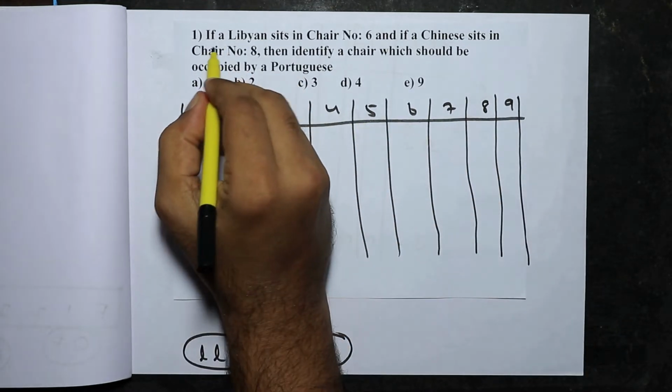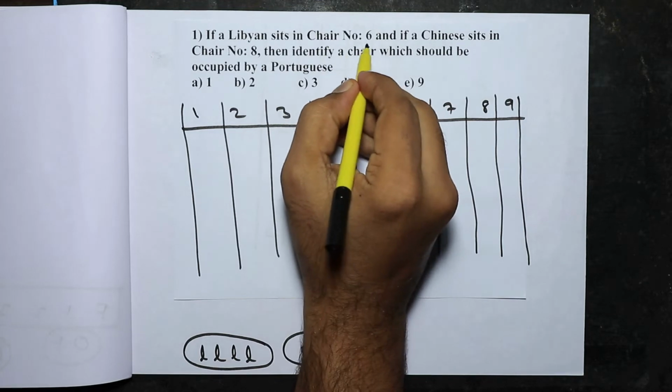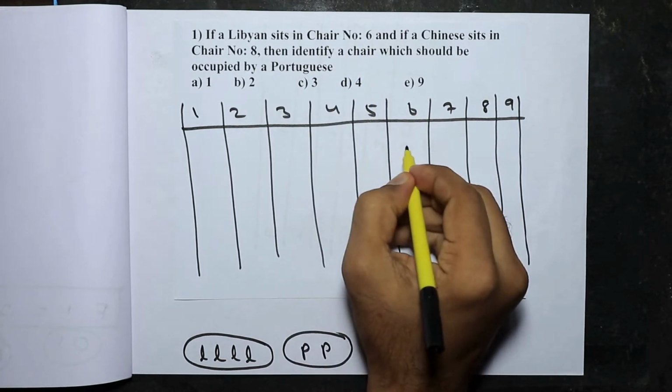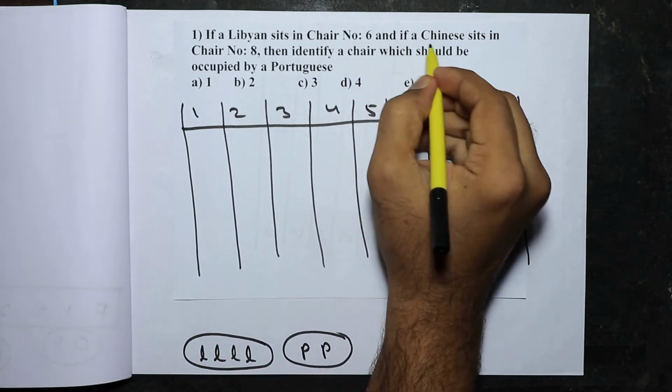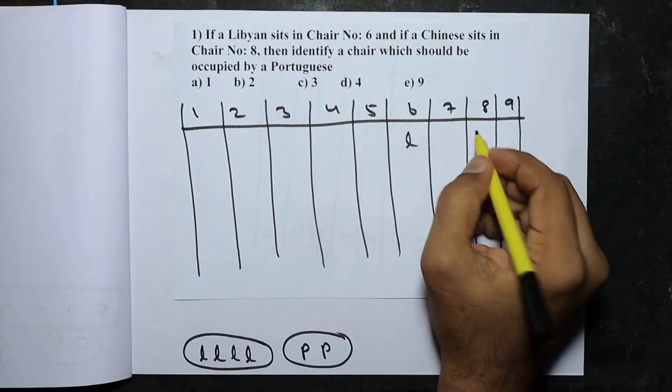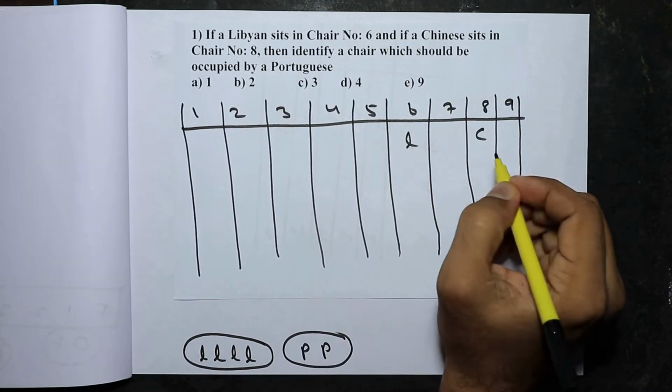Now, as per the data given, if a Libyan sits in chair number 6, you have an L here, and if a Chinese sits in chair number 8, here you have a C.